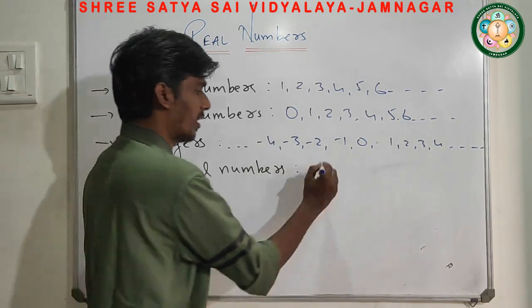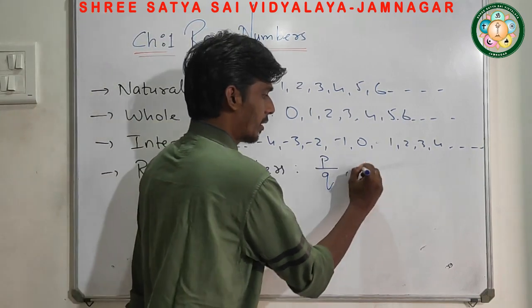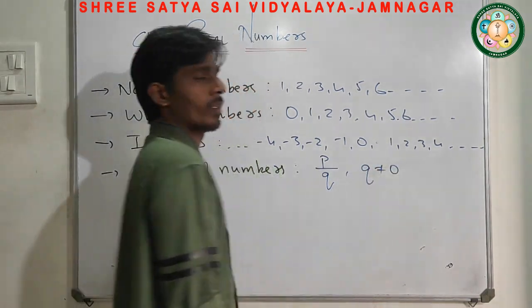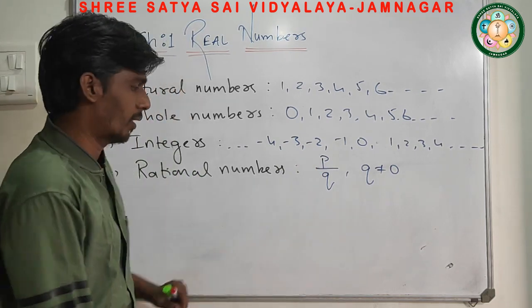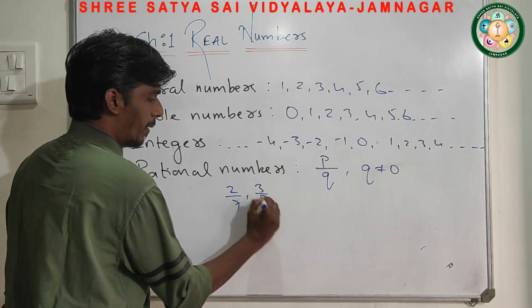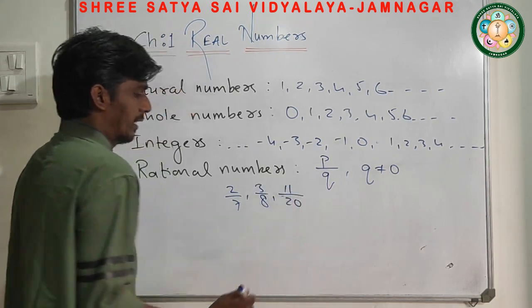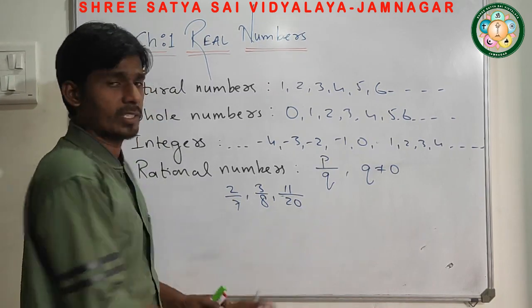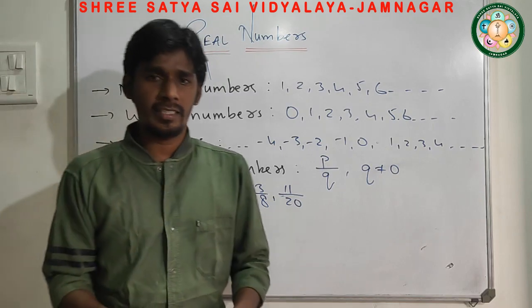All the numbers which are in the form of what? P by Q form, where Q is not equal to 0. So all P by Q form numbers are what? Rational numbers. For example, you can write 2 by 7, 3 by 8, 11 by 20. All the numbers which are in fraction or P by Q form are all what? Rational numbers.